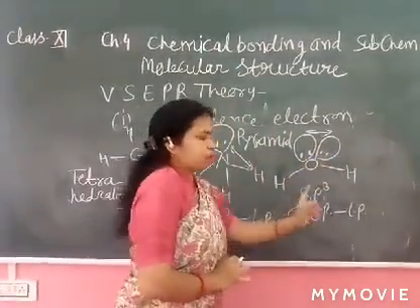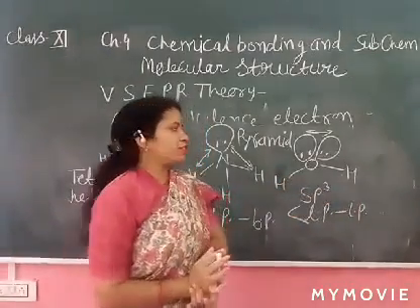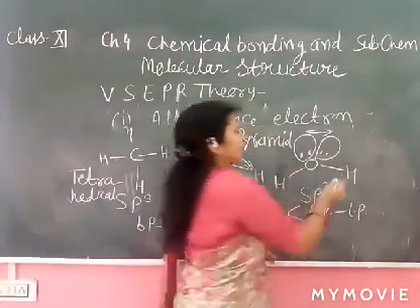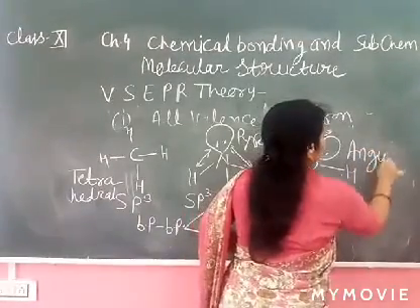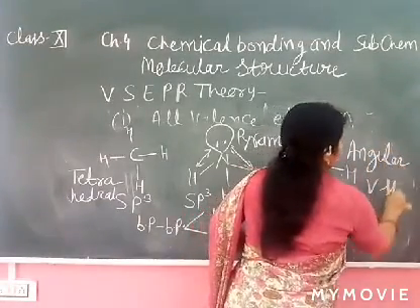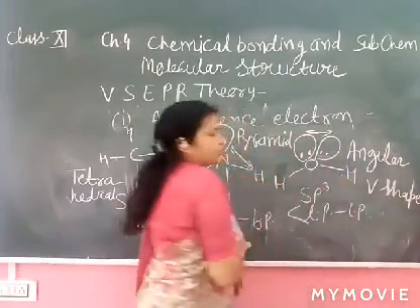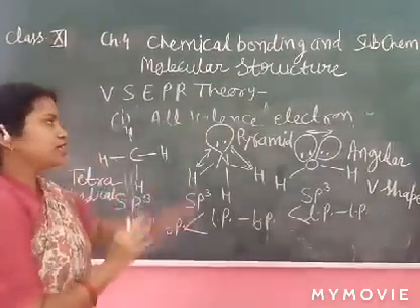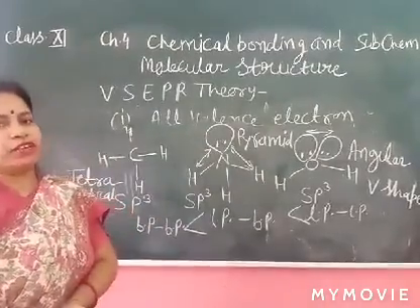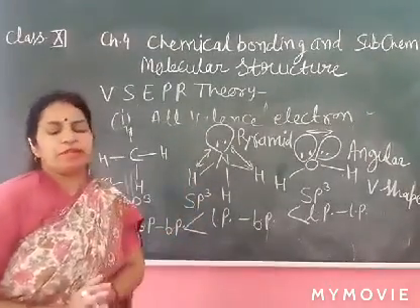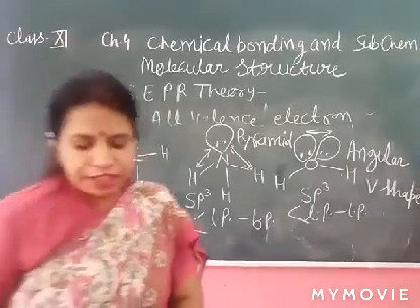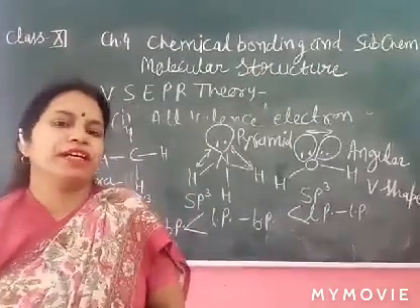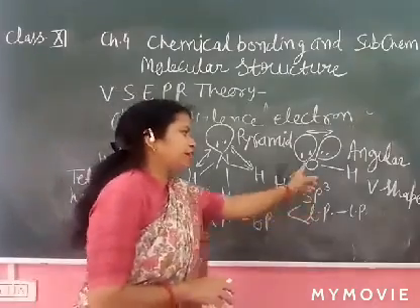Lone pair repulsion is maximum in this condition, and the structure becomes very distorted and converts into an angular shape, a V shape. This point is very important. First, you have to explain the symmetric structure. Second, explain the lone pair-lone pair, lone pair-bond pair and bond pair-bond pair repulsion, and that repulsive force decreases the bond angle sharply.